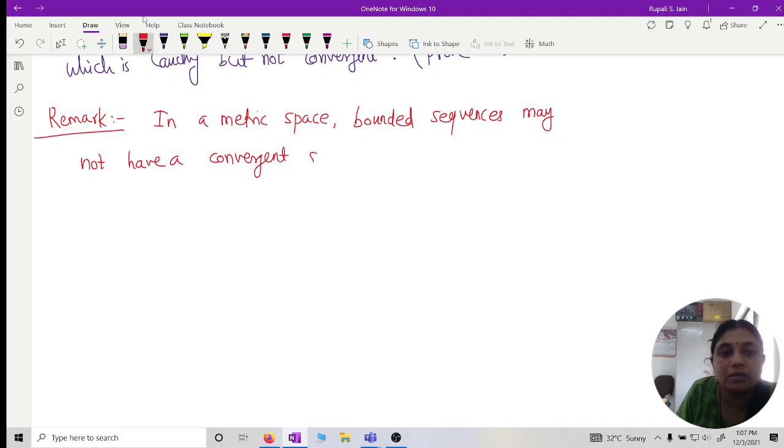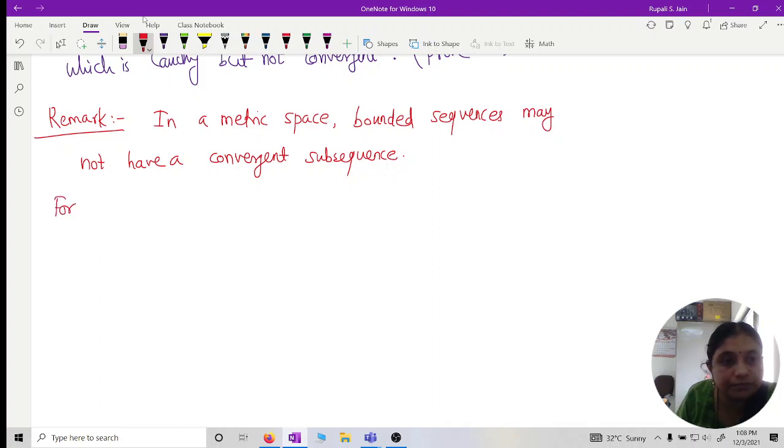In the real line, if a sequence is bounded, we know that it will have a convergent subsequence, but in a general metric space, a bounded sequence may not have a convergent subsequence.